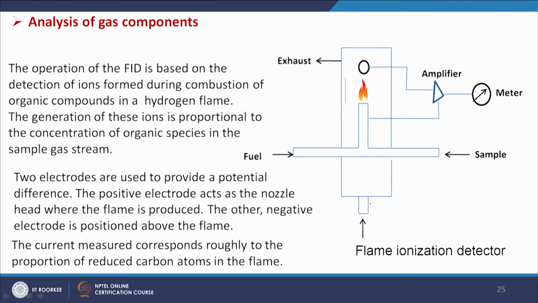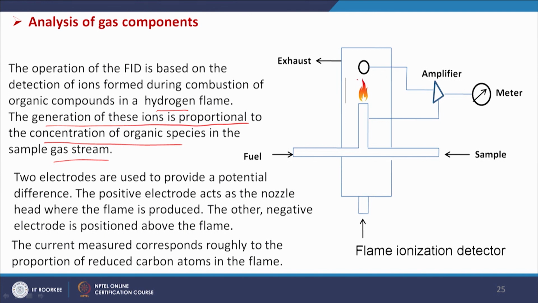And next, FID is also used to detect the gas components present in the gas stream. Here, organic compounds are combusted in a hydrogen flame, and the generation of ions is proportional to the concentration of organic species in the sample gas stream. Two electrodes are there.